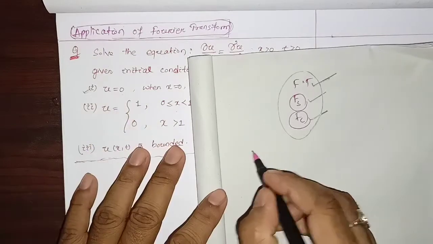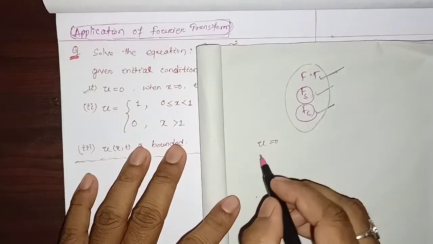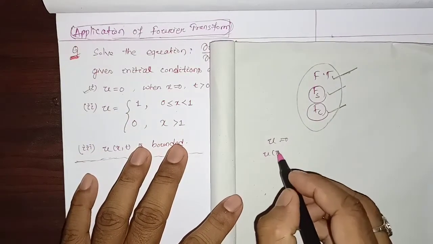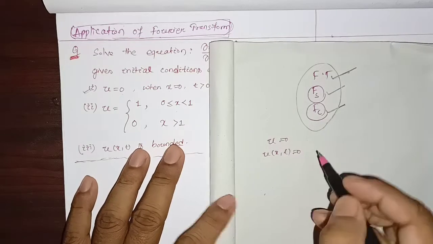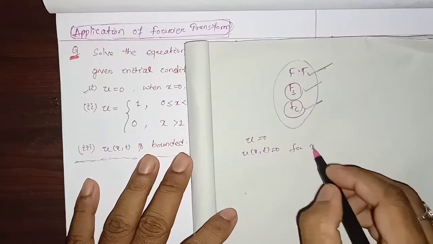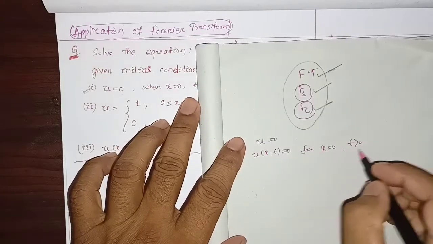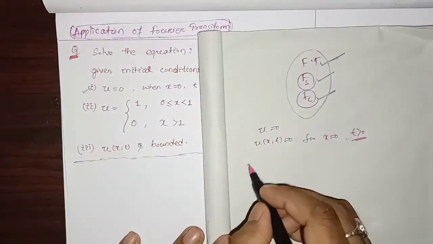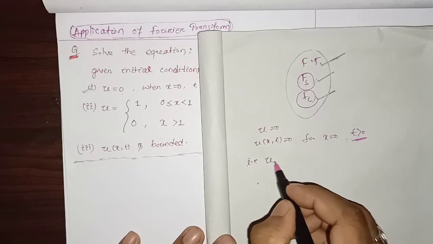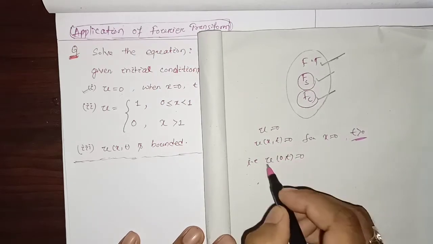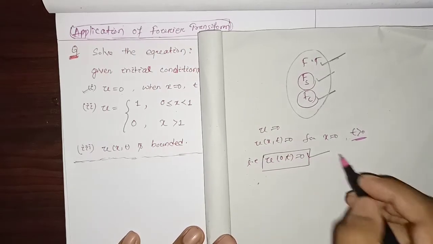So u(x,t) equals 0 for x equal to 0 and t greater than 0. We can write it as u(0,t) equal to 0. So this value has been given.